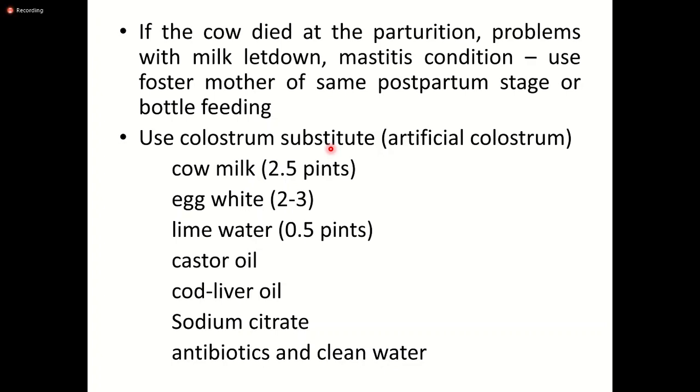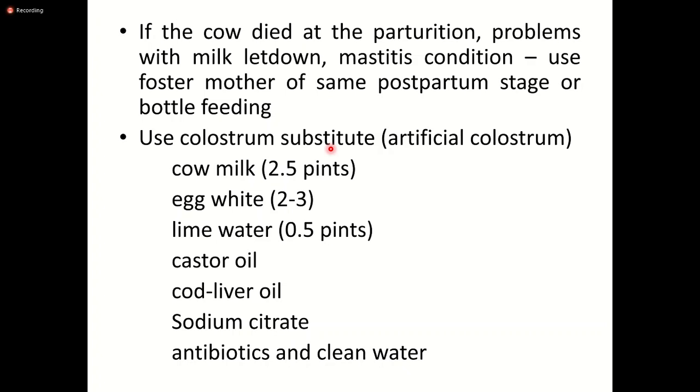So therefore, what happens is we have to look for another animal, අපි කියන foster animal කෙනෙක්, just to obtain the colostrum, or maybe whatever colostrum is stored in the farm, in the refrigerator or the freezer. So we have to depend on whatever available colostrum in the farm, which is not coming from the original mother. Or what we can do is prepare an artificial colostrum to feed these animals.